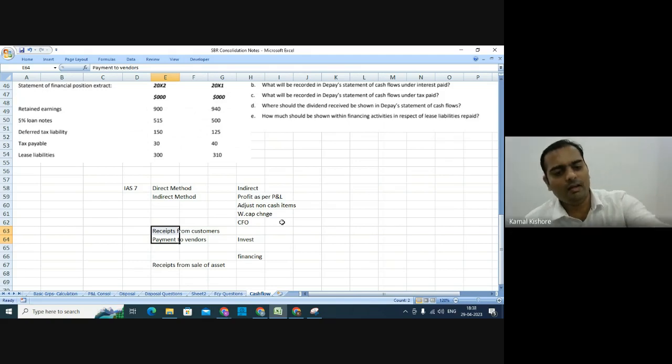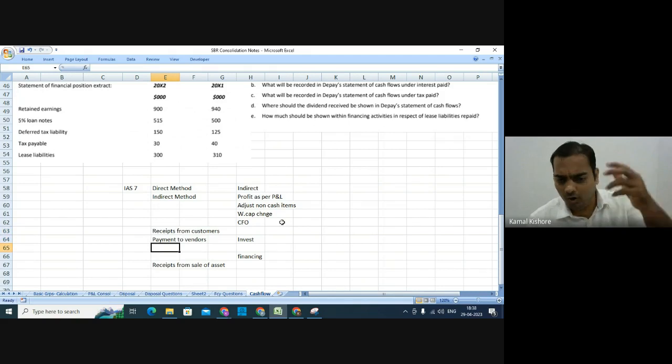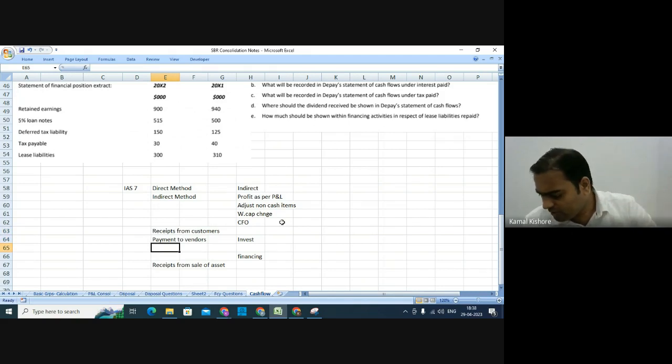You are buying from vendors and selling to customers, and payment to vendors, payment for salaries, payment towards rent, all operating expenditure will come here. That becomes the direct method. Generally, you will see the indirect method being used.